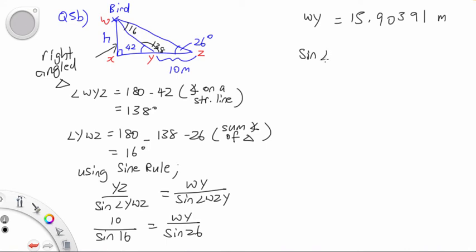Sine WYX equals h over WY. For this case, this is the opposite and this is the hypotenuse.